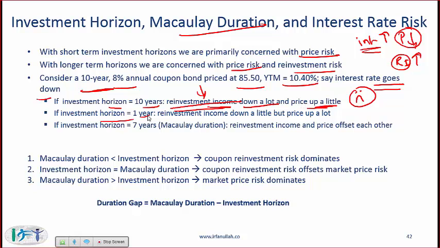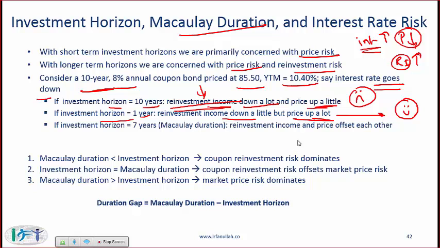If you have a short investment horizon of say 1 year, then you have a situation where investment income goes down a little, but the price goes up a lot. So if your investment horizon is short, then you are happy because the positive impact on the price is more than the negative impact on the reinvestment income.